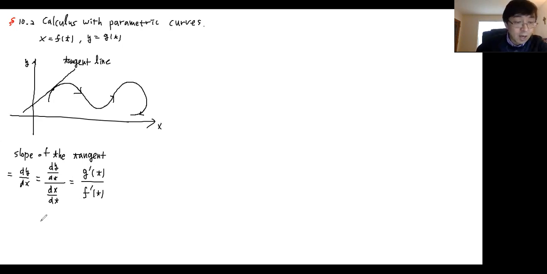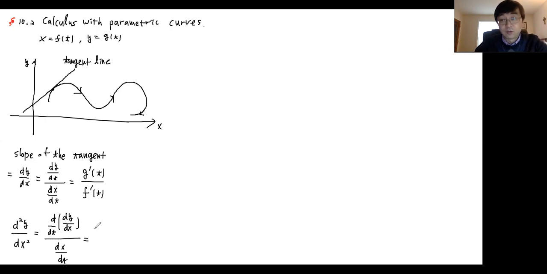One more: how can you find the second derivative? The second derivative, d squared y over dx squared, is the derivative of the first derivative, dy over dx, with respect to t, over dx over dt.